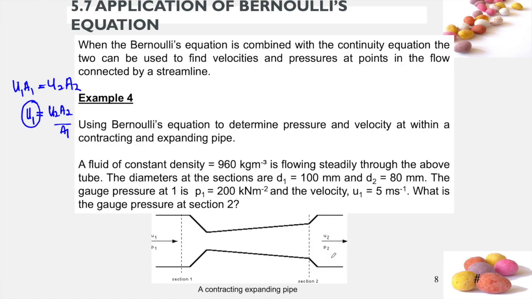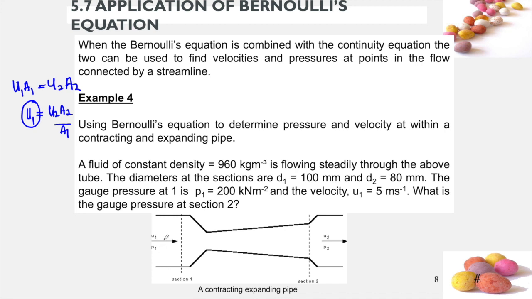Okay, now let's take a look at this question. A fluid of constant density 960 kilogram per meter cubed is flowing steadily through the below tube. The diameter at section D1 is 100 mm and D2 is 80 mm.